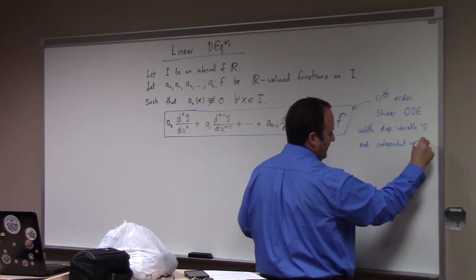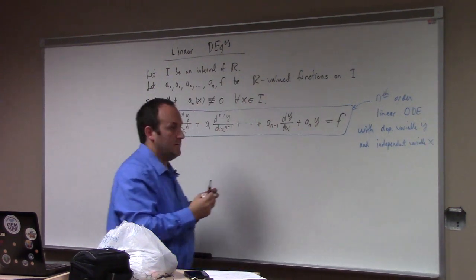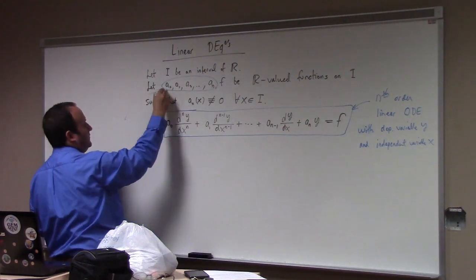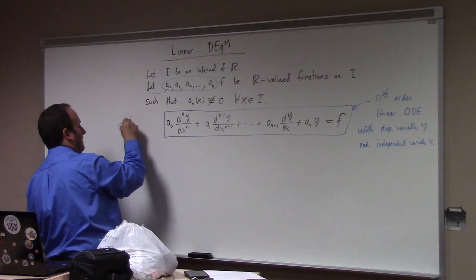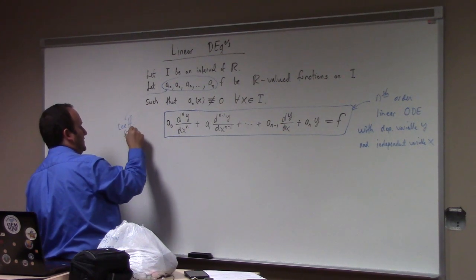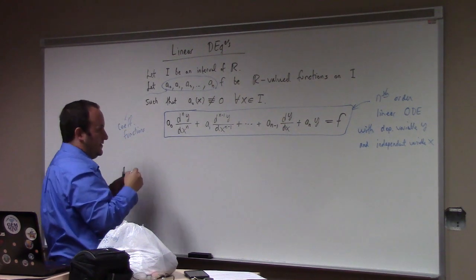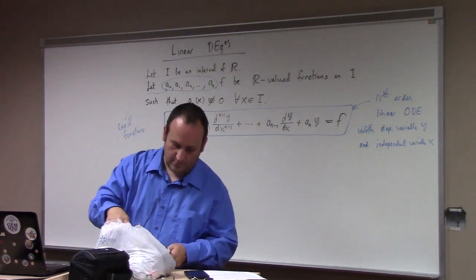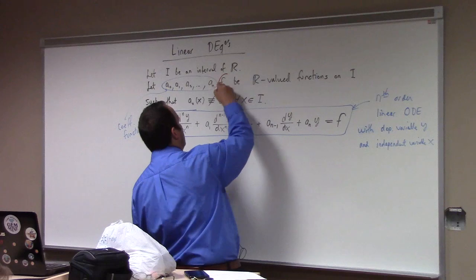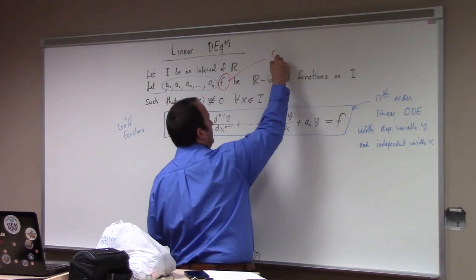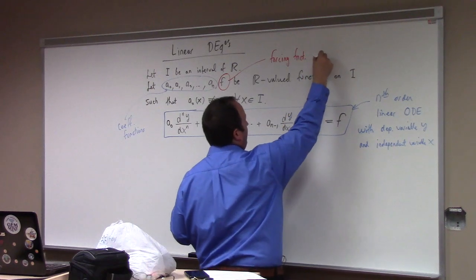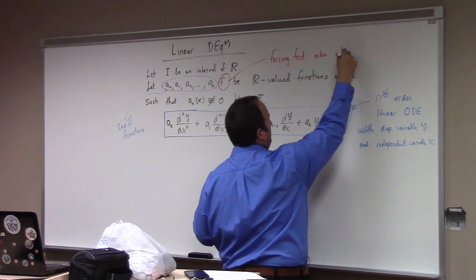Again, these are the coefficient functions. We call the function f, this guy, the forcing function, aka the inhomogeneous term.